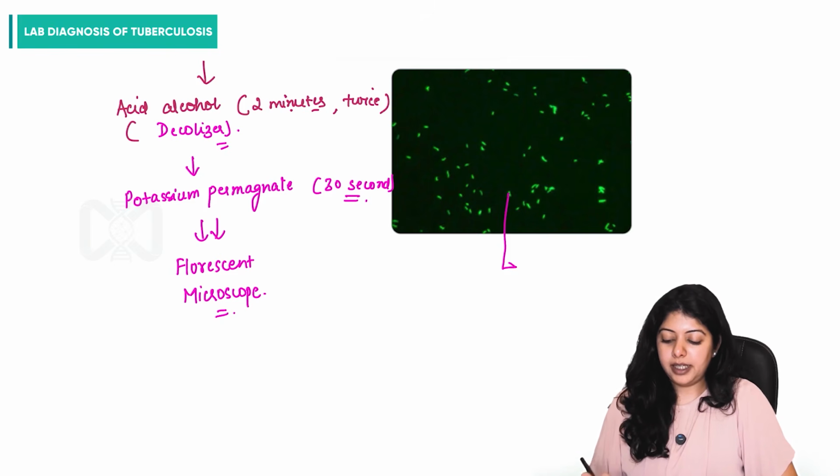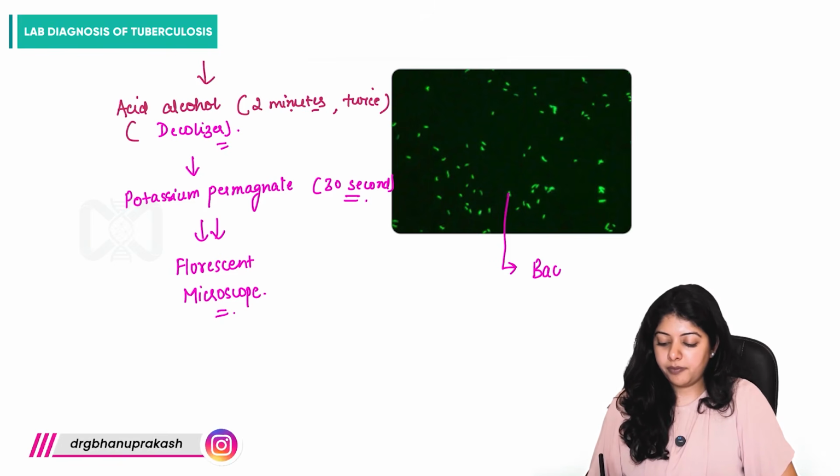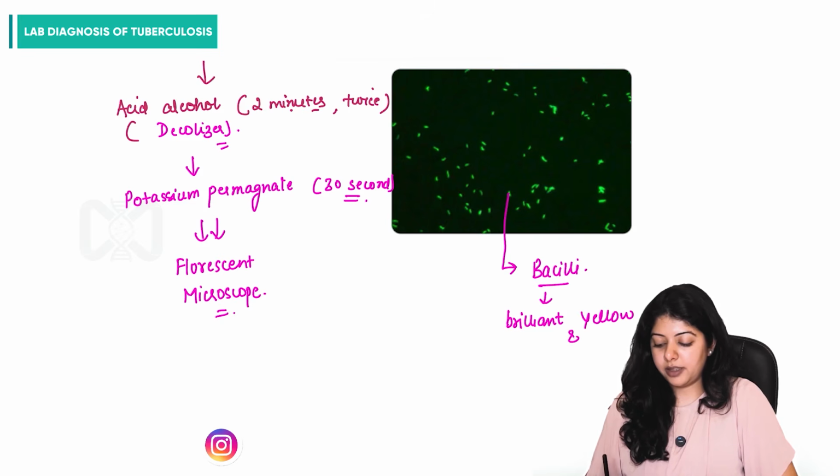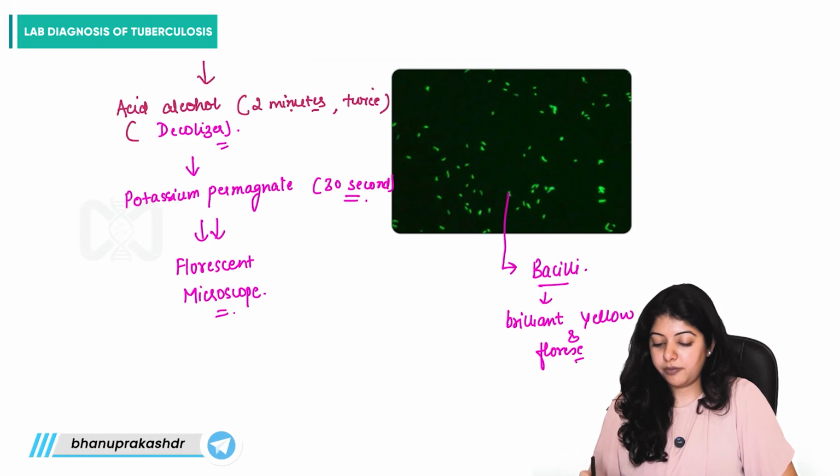So the bacilli appear brilliant yellow in color. Yellow, and they fluoresce. They show fluorescence.